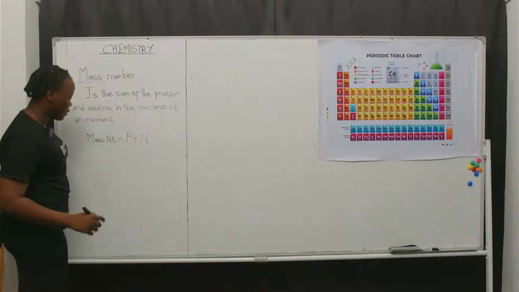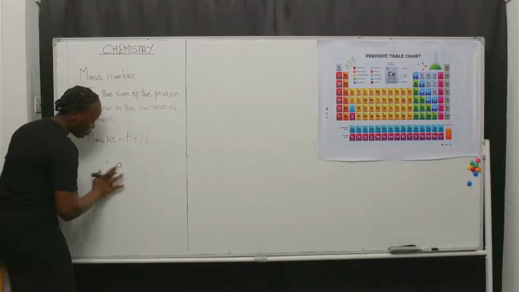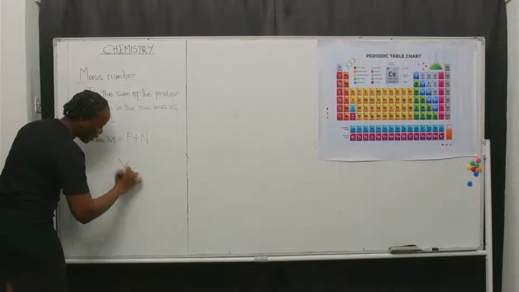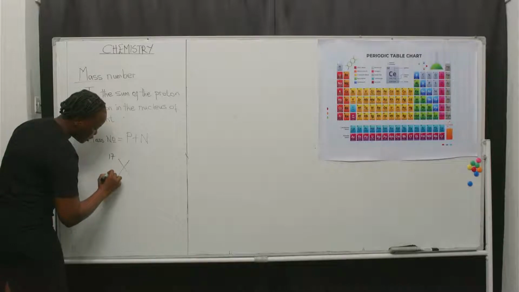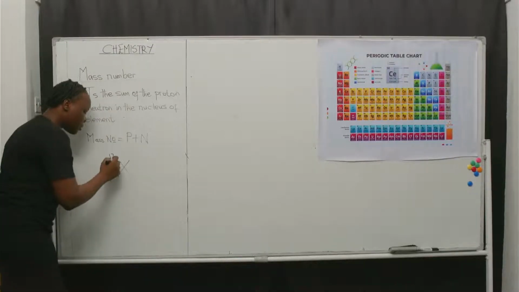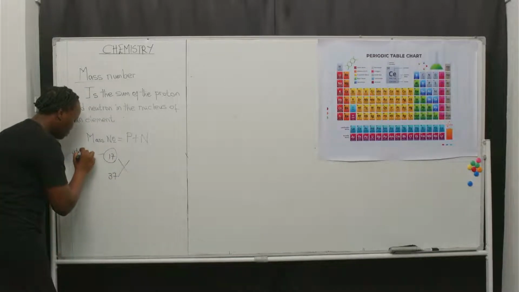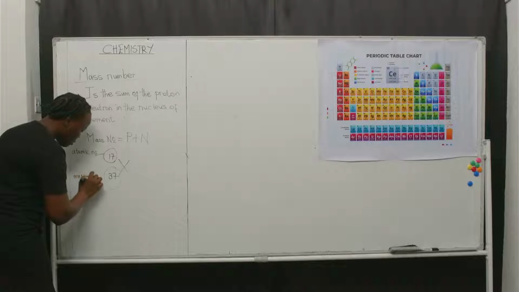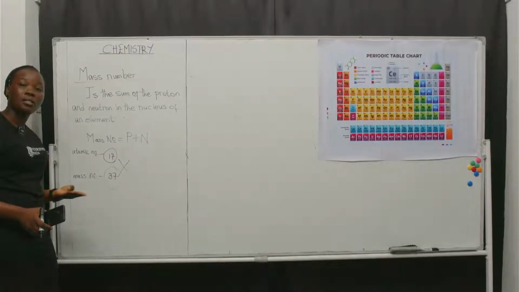So if I'm given, let's start from unknown, an atom X, and I was told this is 17, this is 37. This is the atomic number, whereas this is the mass number.